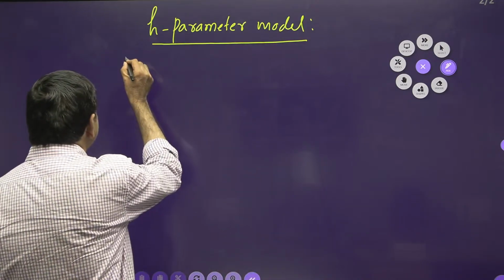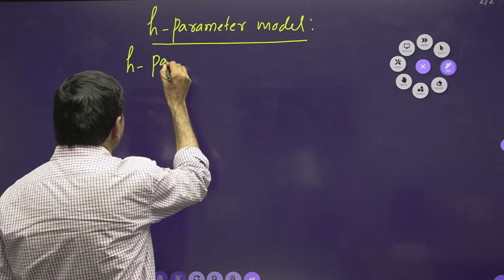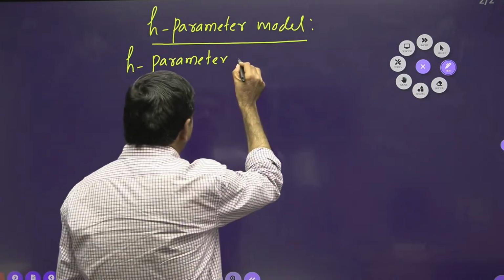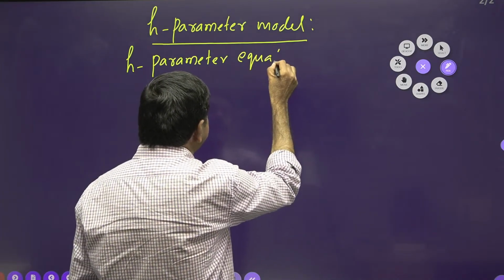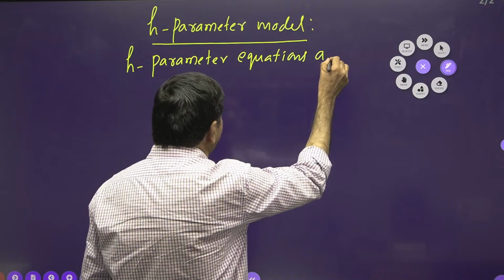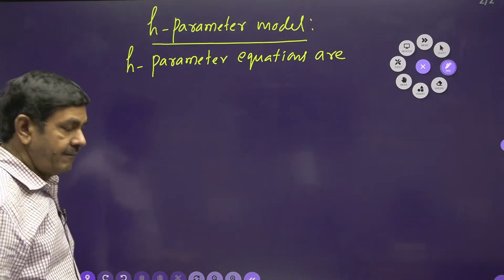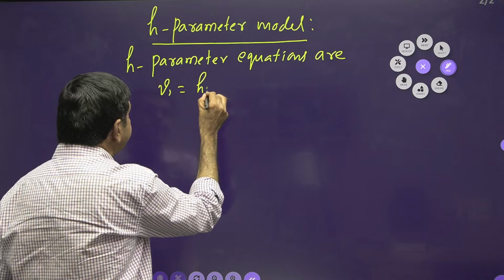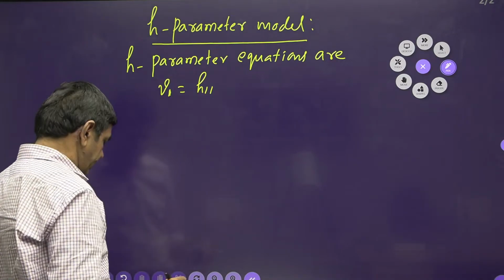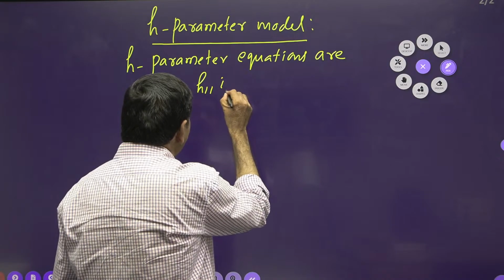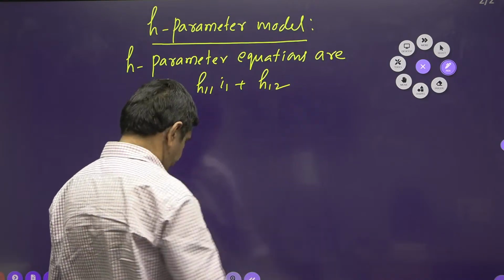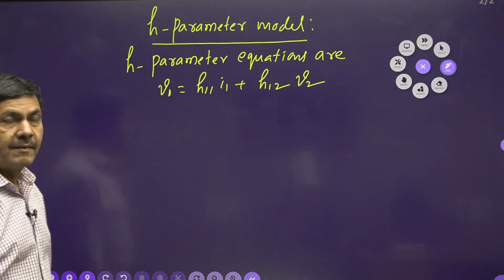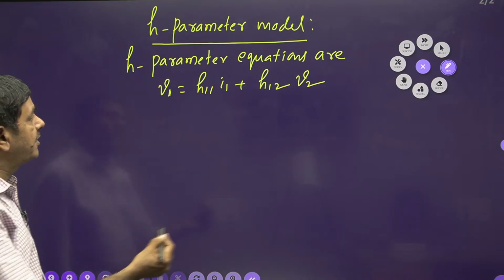H parameter equations, we can write like this. V1 equal to H11 into I1 plus H12 into V2.